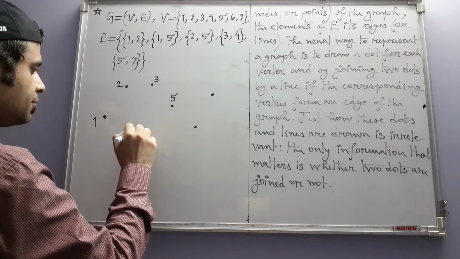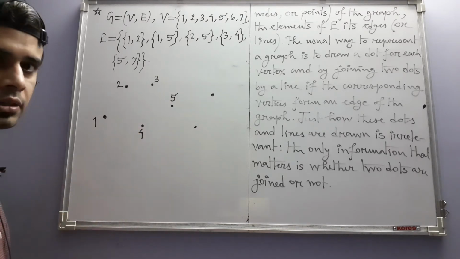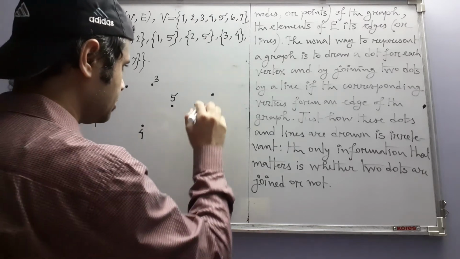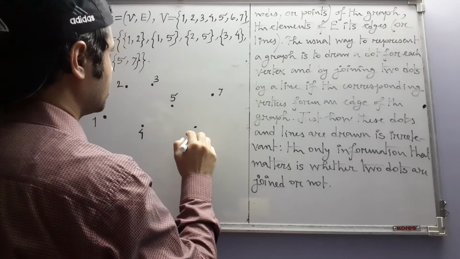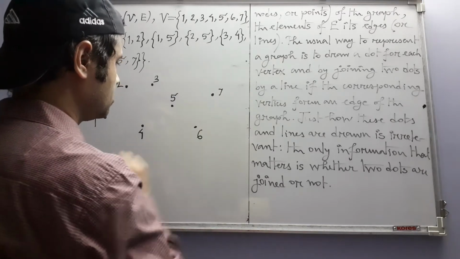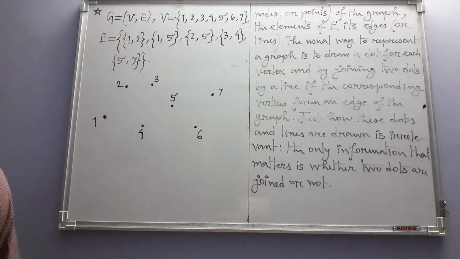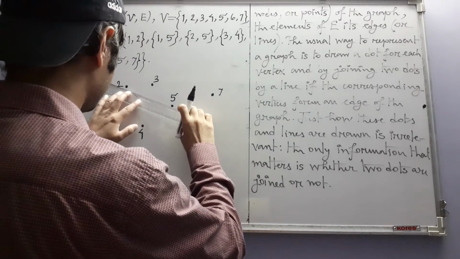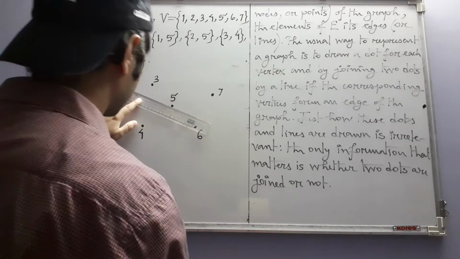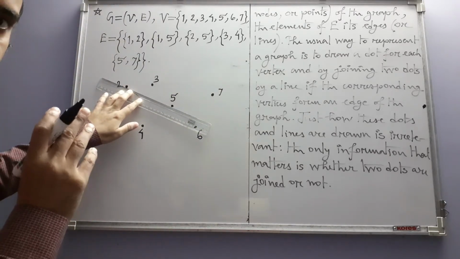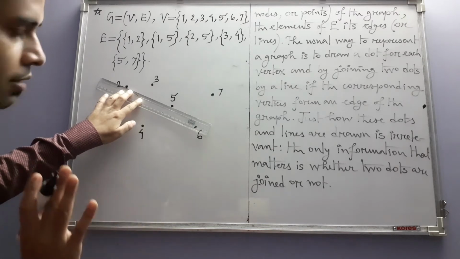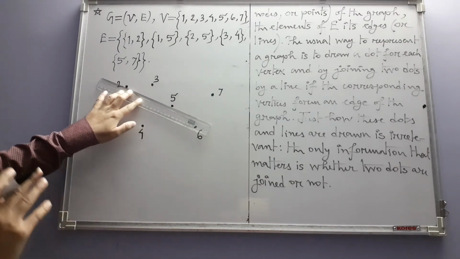Beside every dot, we are also going to write the vertex that is being represented by that dot. 7, and this is 6, say. Okay, so now we have the vertices and we have drawn dots for the vertices. For each vertex we have drawn one dot.